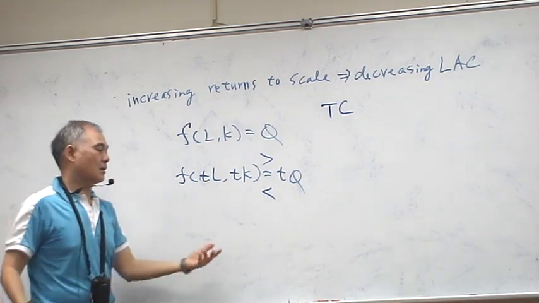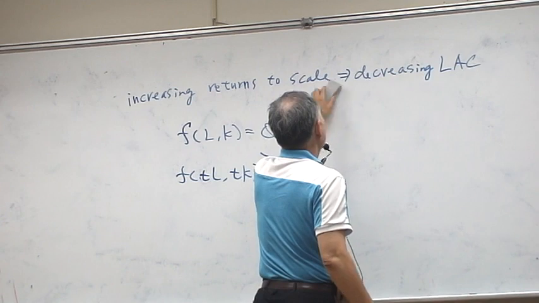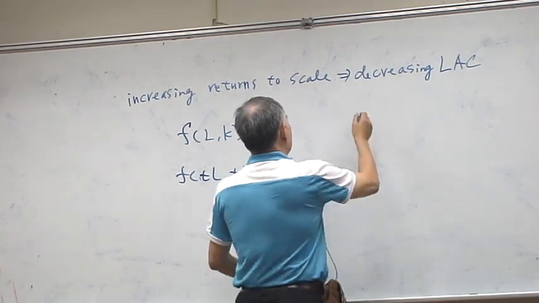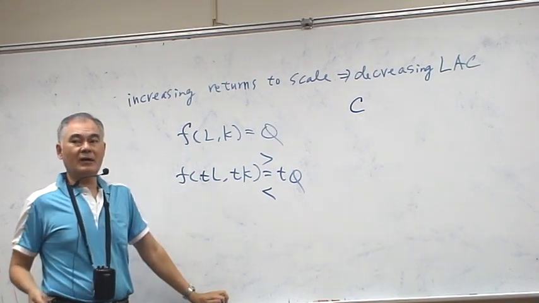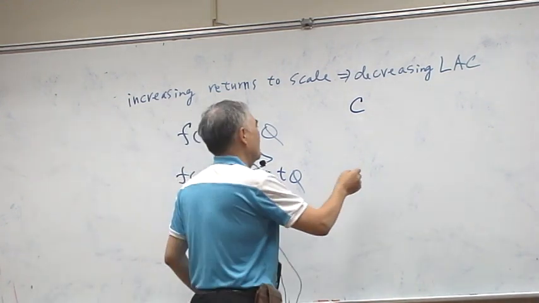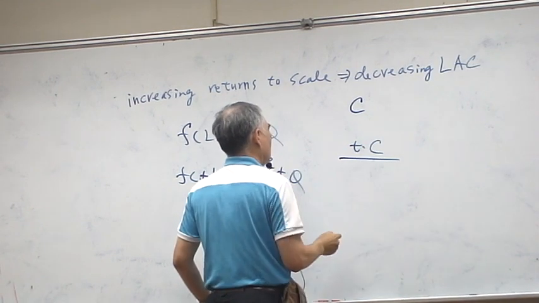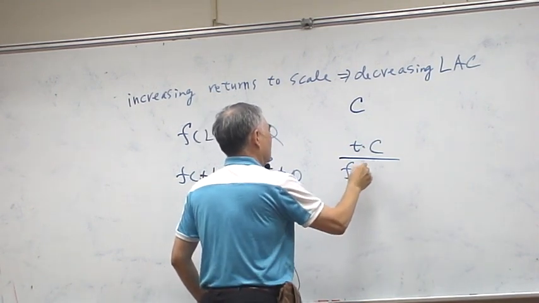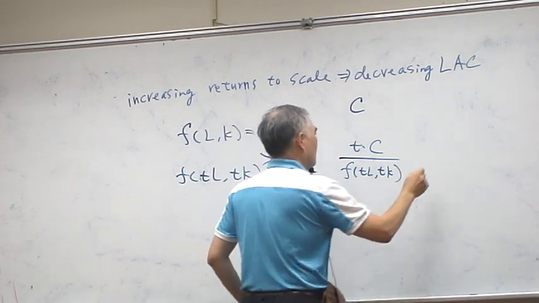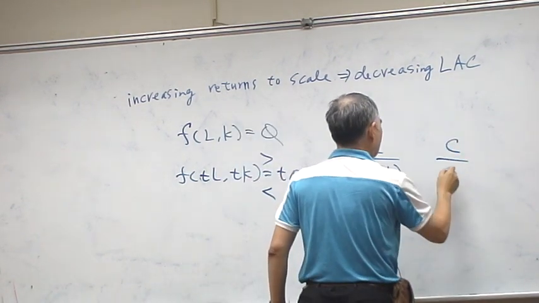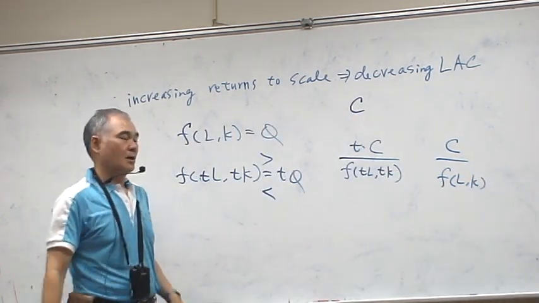So let the cost be C, and you know how to work that out. So we are going to compare t times C and F(tL, tK) with C over F(L, K). Any question?